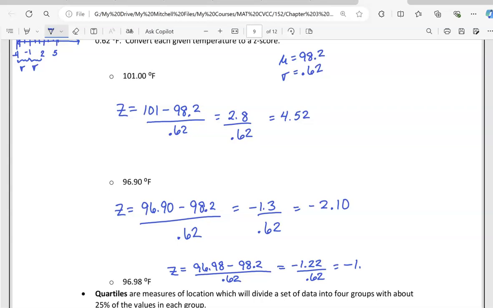I got negative 1.97. So we would say that x value of 96.98 is almost 2 standard deviations below the mean. 96.90 is a little over 2 standard deviations below the mean.